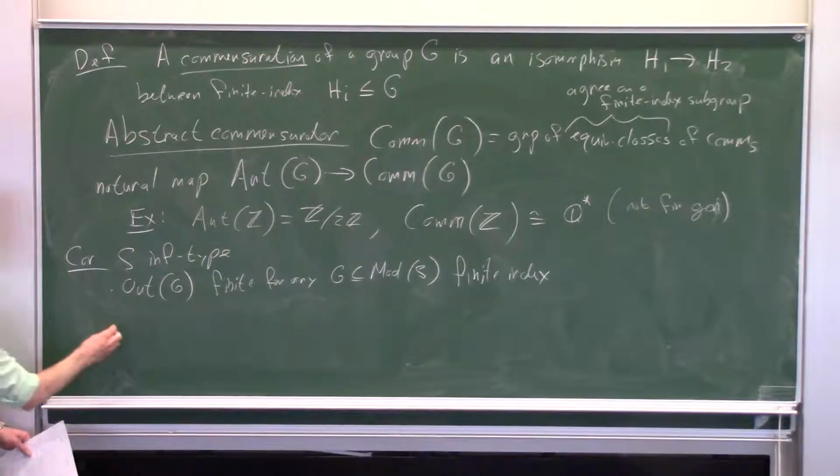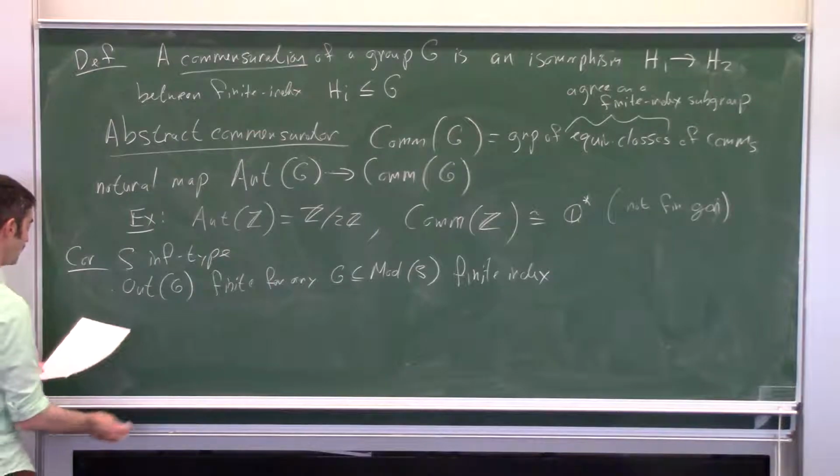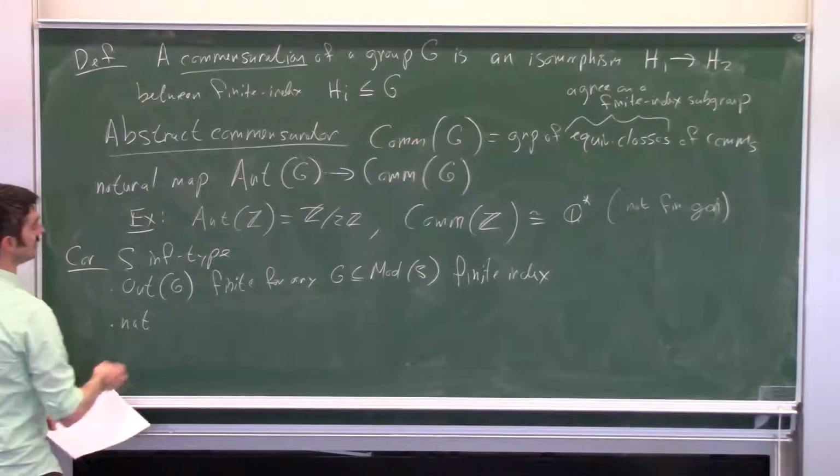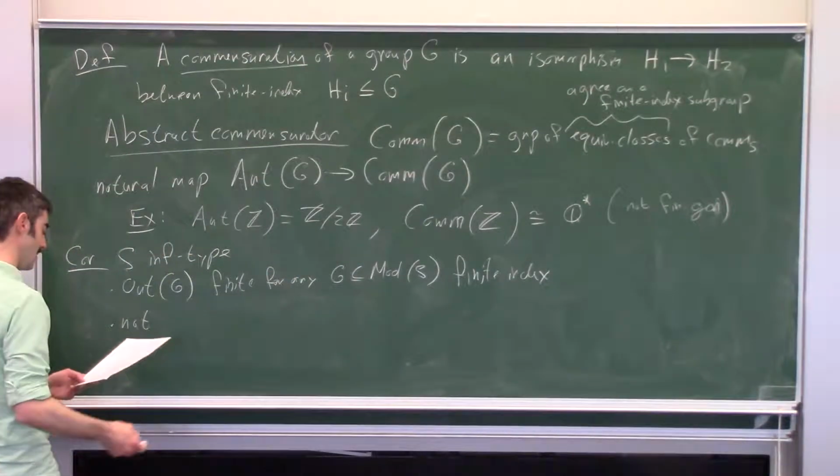So that's one corollary. And then the second corollary is that these natural maps relating the mapping class group to its automorphism group to the abstract commensurator are all isomorphisms.